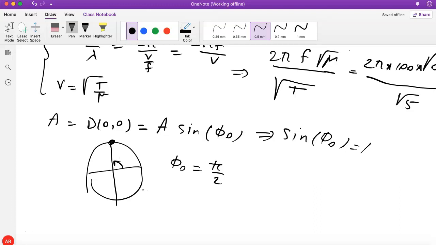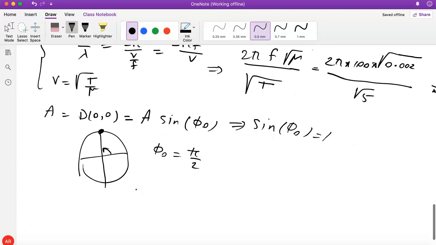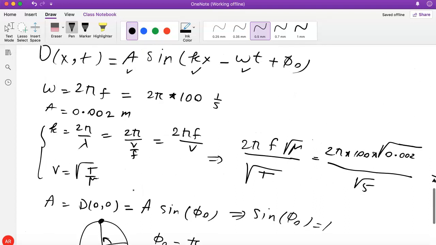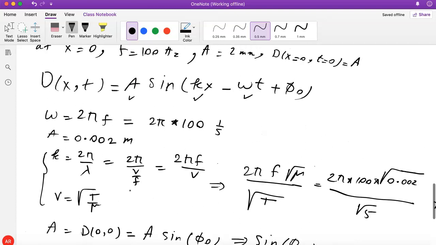Okay, so we're now basically done, right? We know the general form of the equation, and we found all the numbers that appear in it. So that's the answer. And if we want the displacement at some point and some time, we just plug in the numbers in this general form.